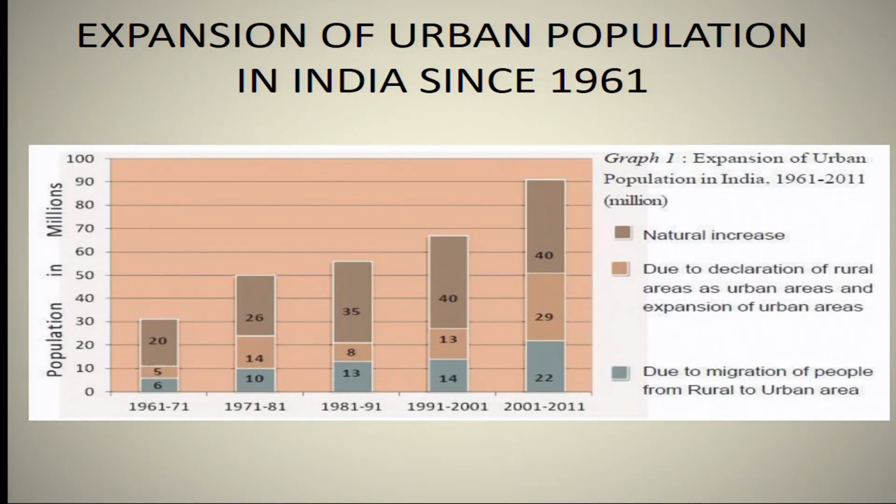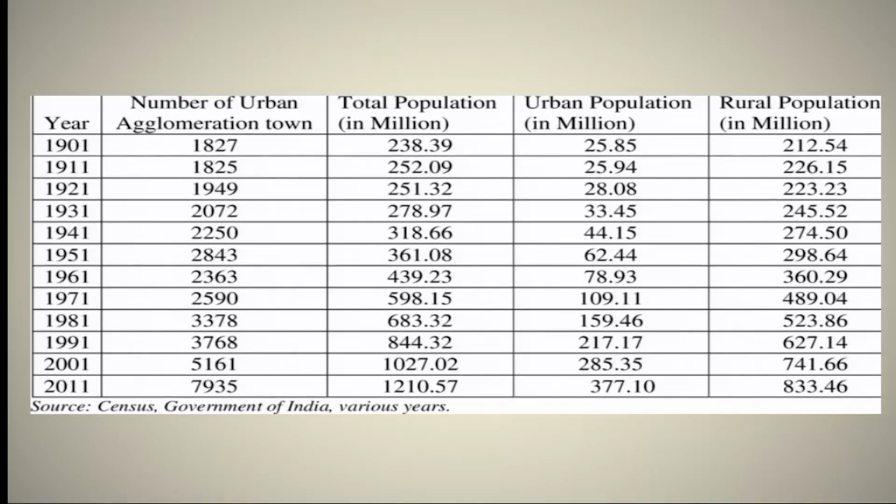The expansion of urban population: beginning in the year 1961, there was a natural increase only. But due to declaration of rural areas as urban areas and expansion of urban areas, the growth has increased due to migration of people from rural to urban areas.